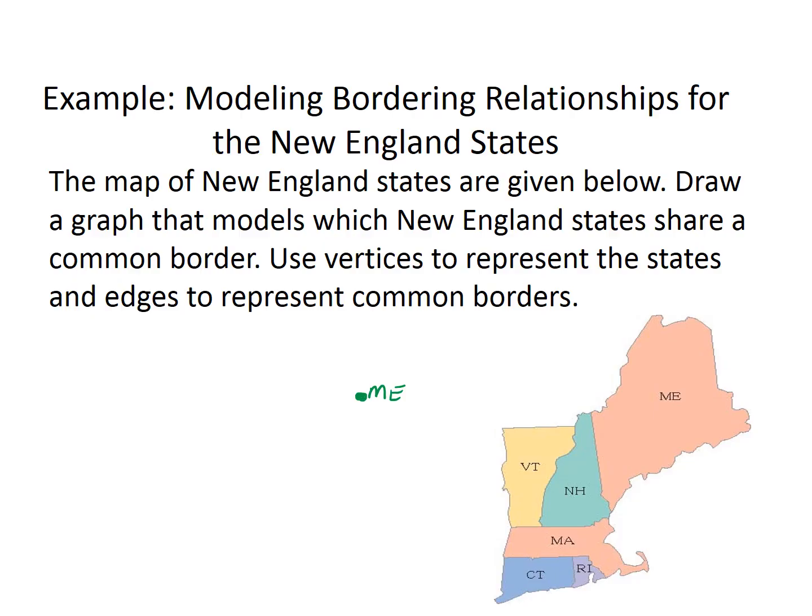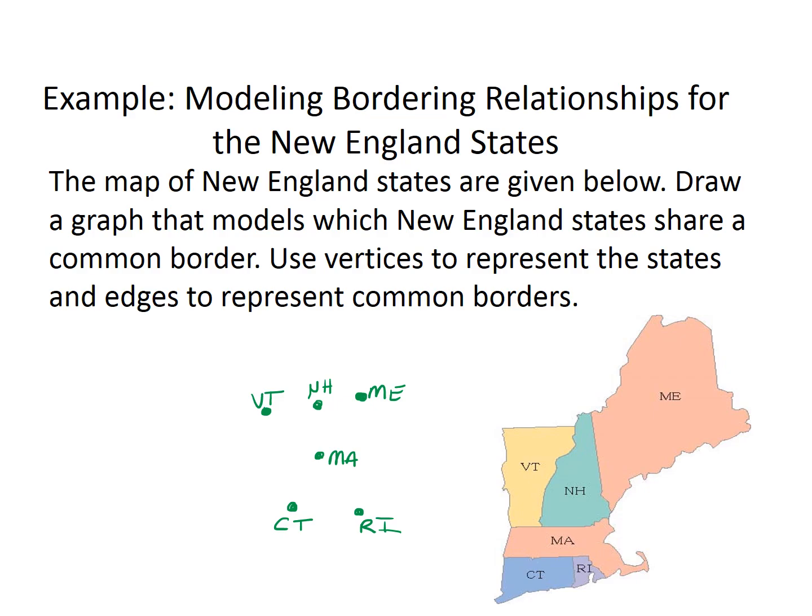It looks like New Hampshire's to the left of Maine and Vermont like that, and it looks like sort of Massachusetts is then down here, and Connecticut and Rhode Island. Right. And again, any order that you have the vertices in, it does not matter.